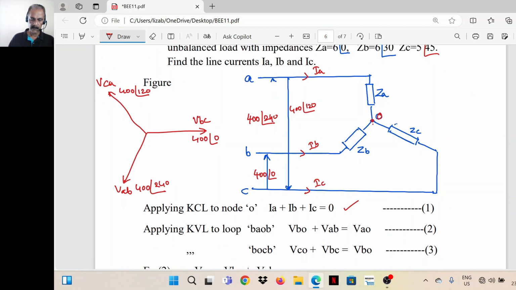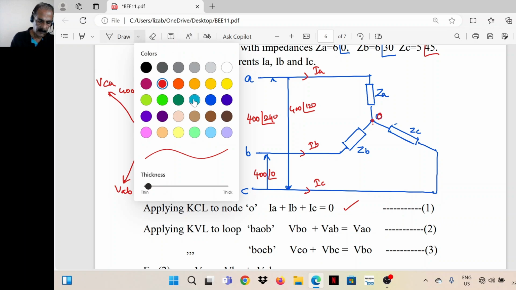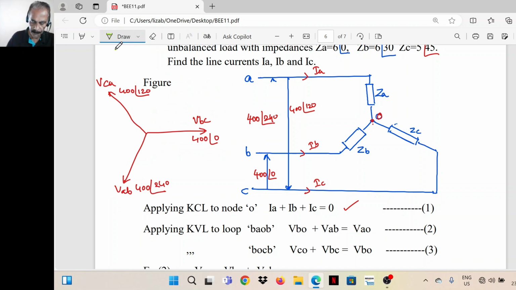Now I'll mark the voltages. I'll mark this voltage as VAO and this voltage VBO and this voltage VCO.